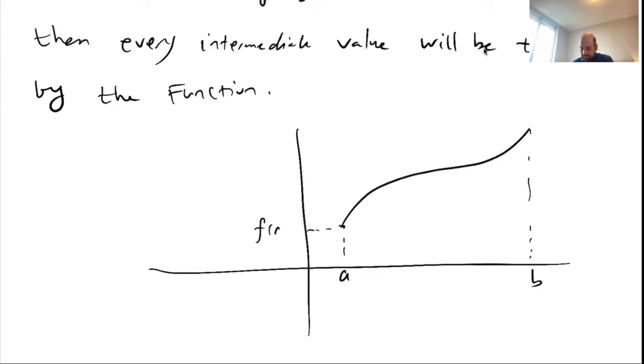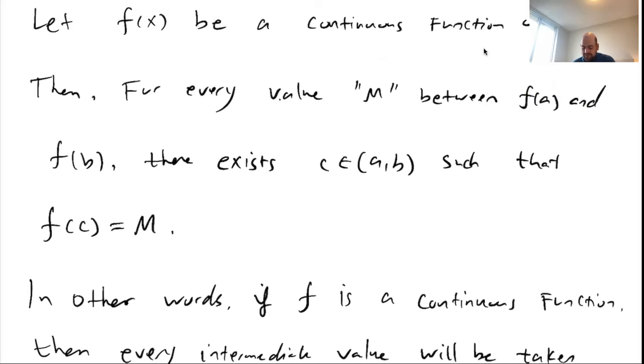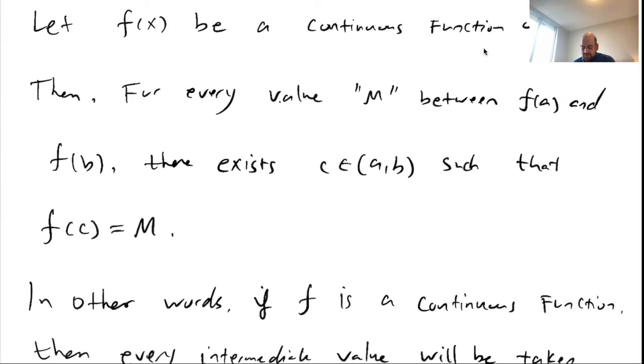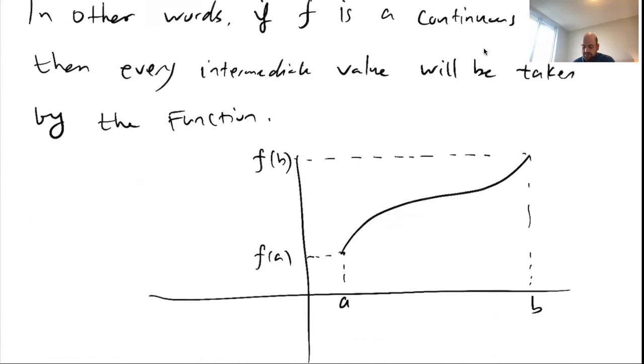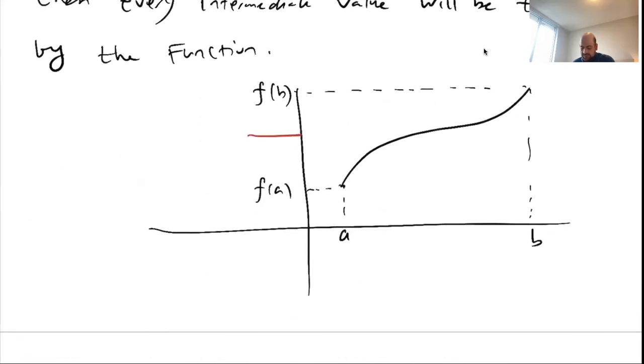And this is f of A and this is f of B. You have two endpoints, A and B, and the function is defined between A and B. You have f of A, the output for A, and f of B, the output for B. And then there is some m value, which is supposed to be a number between f of A and f of B. In this case, it could be something like this.